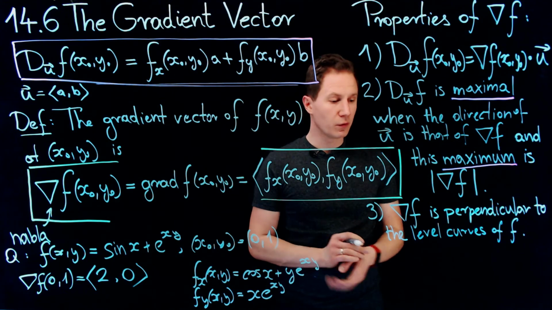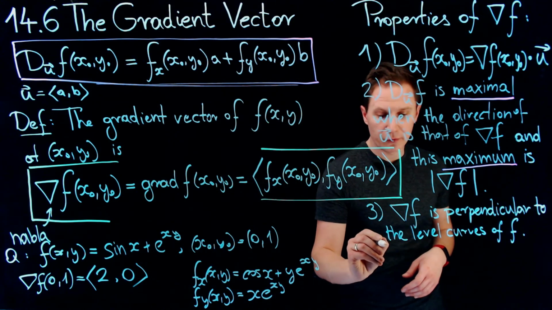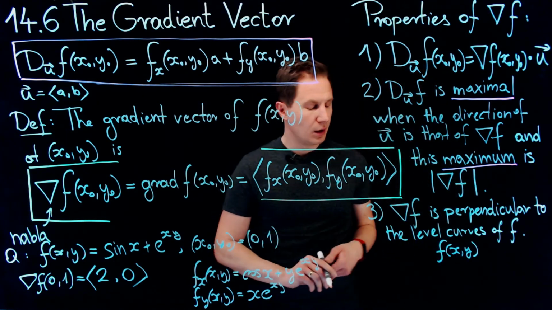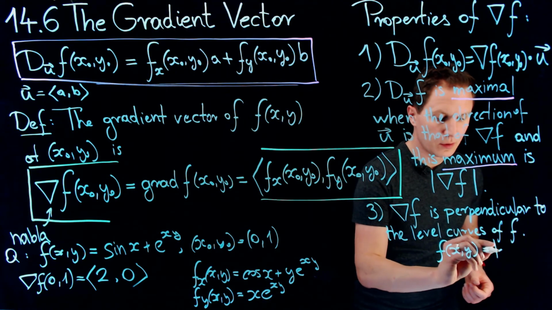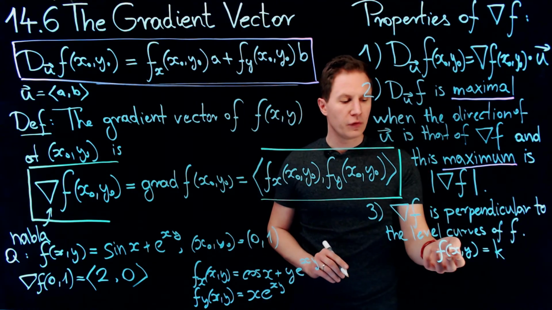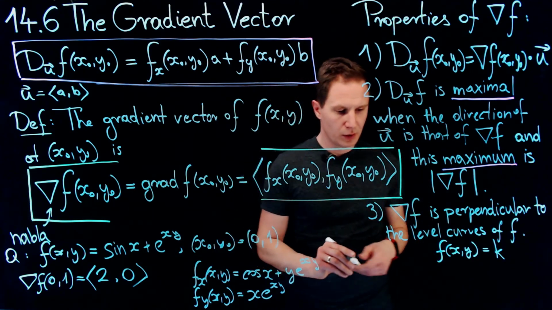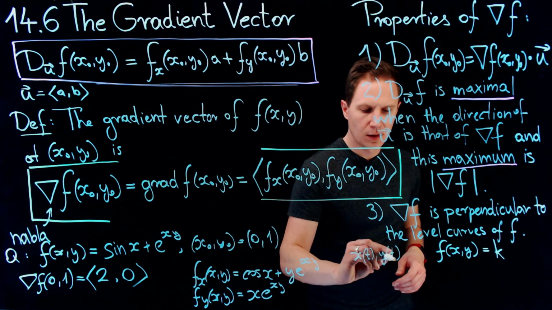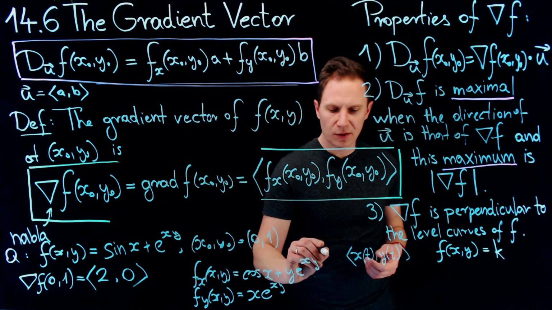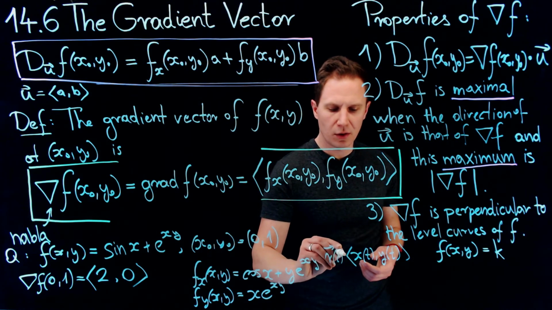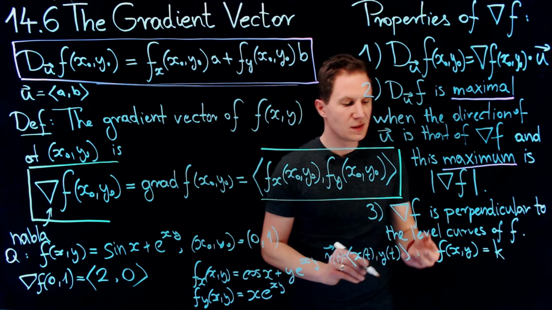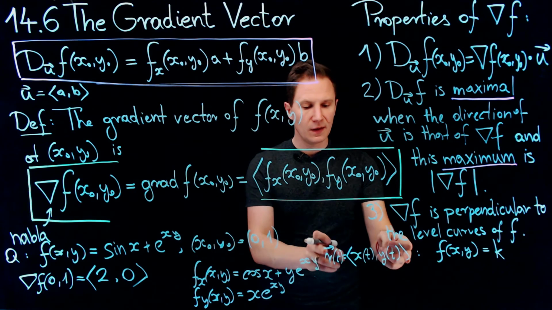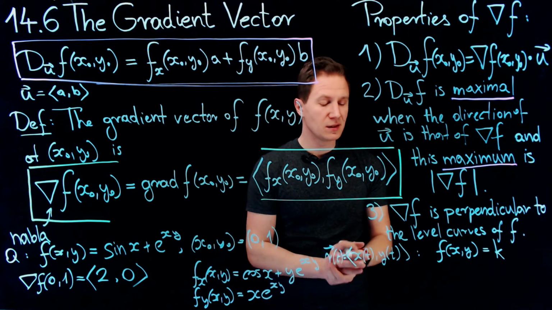Okay, and we can show this by recalling that a level curve means that we are considering values of the function being fixed at some number k, and if we are along a level curve, x and y can be parameterized by some parameter t. This vector is a function of t, which satisfies that f of x(t), y(t) is equal to k. So this vector function parameterizes the level curve.